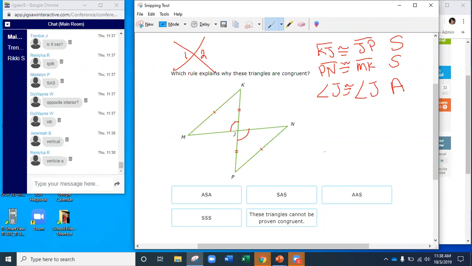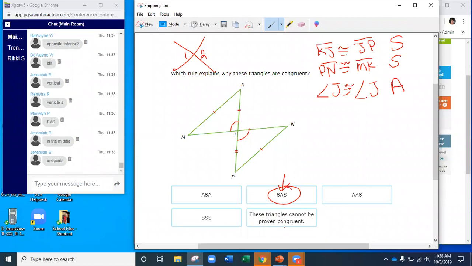Okay. So now we got to match it up with one of these names, right? So do we have one? We have this one that is side angle side, but since the A is in the middle of the sides, who remembers what that means, where that angle has to be placed? Does anybody remember what it's called when it's in the middle of the two letters like that?